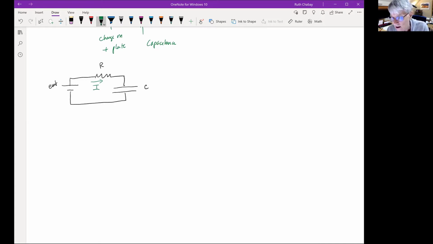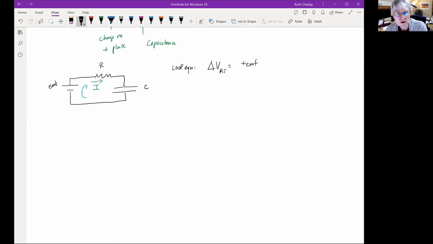And so we could write our loop equation. The delta V for the round trip, let's make our loop go that way, is the EMF of the battery.